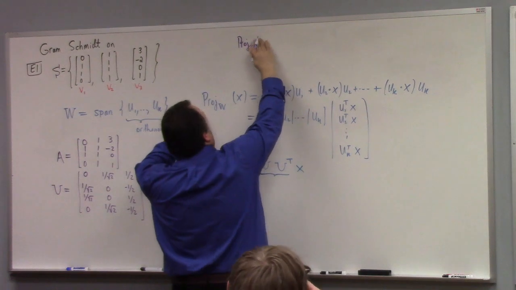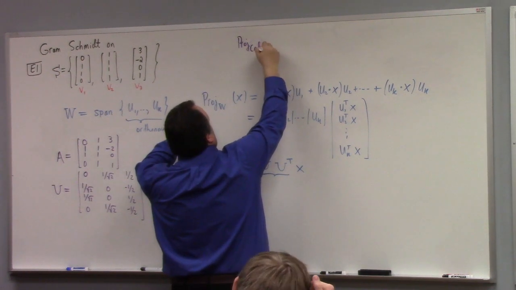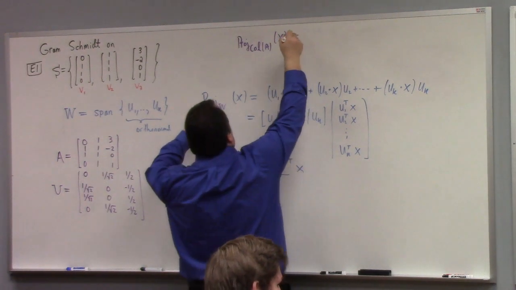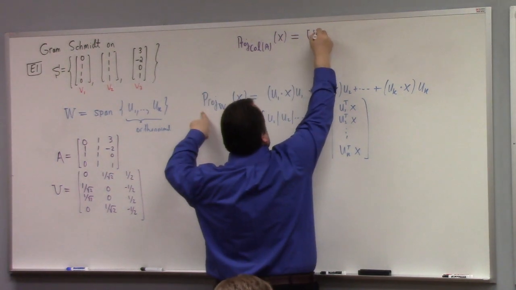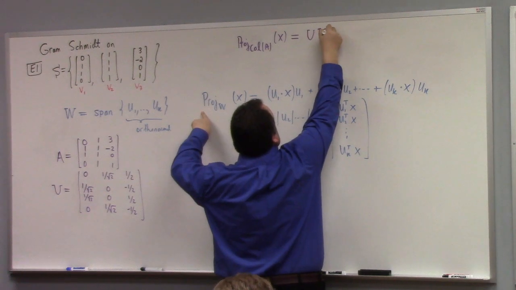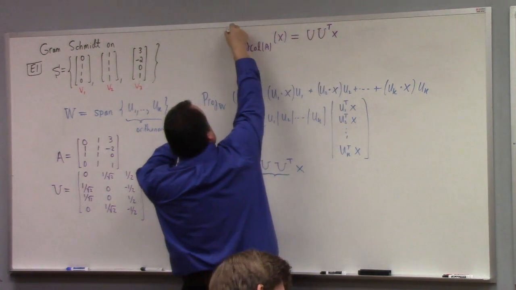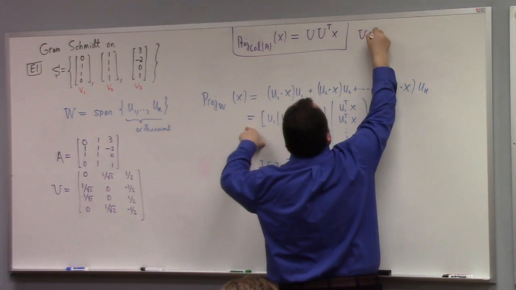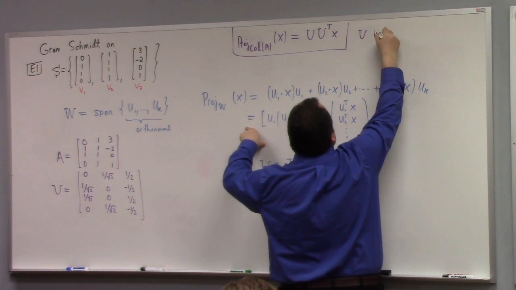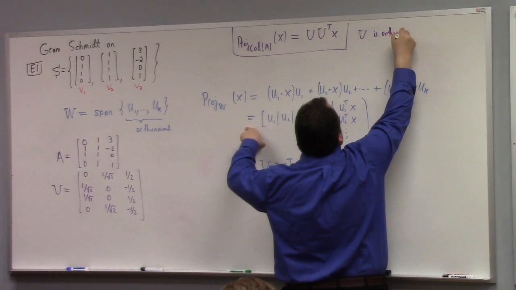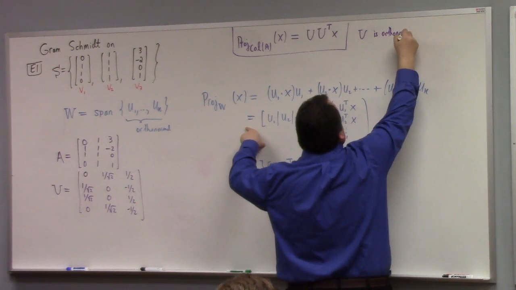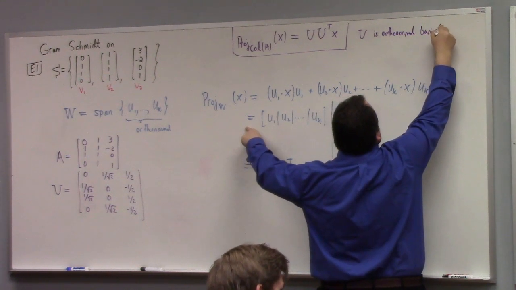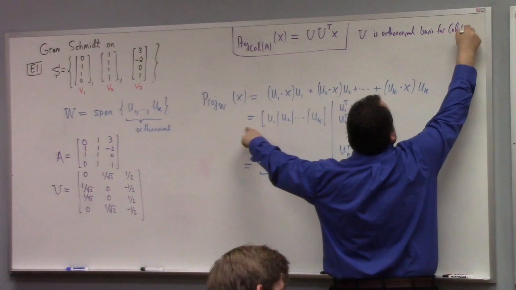Really we could say the projection onto the column space of A, in our current context, of X is equal to U transpose X for what it's worth. Here we've got U is an orthonormal basis for the column space of A. All right, there we go.